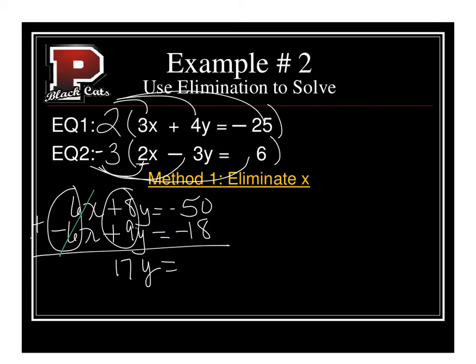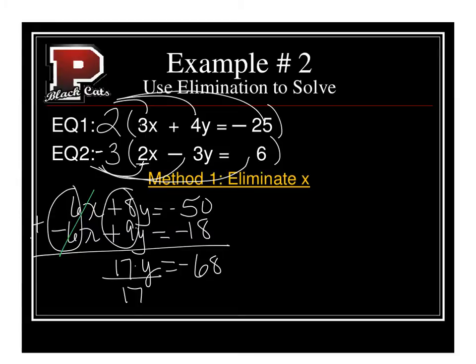And then I'm going to add my other like terms, my plain old numbers. Negative and negative, they both have the same sign. So I add the integers together and take the sign they both have. Then all I have to do is get rid of that 17 in front of the y. A coefficient in front of a variable means my math is multiplication.